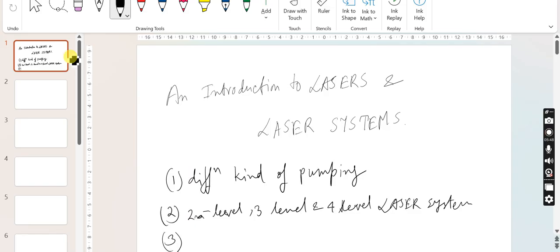Third, he has discussed some basics, the behavior of light: reflection, refraction, total internal reflection.